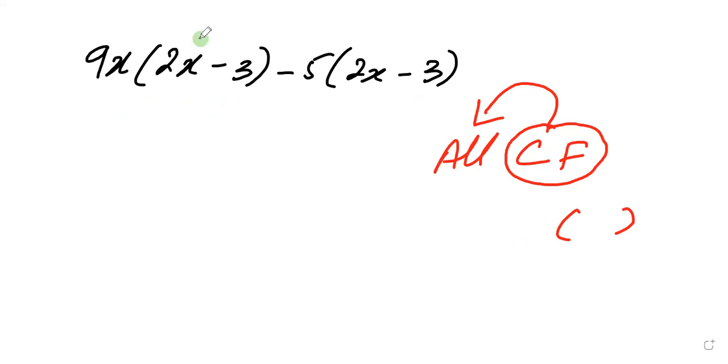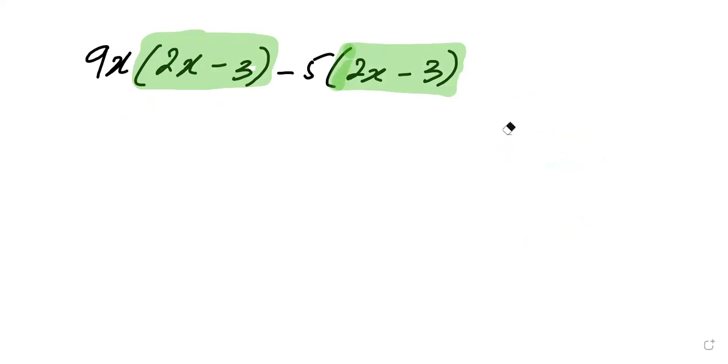This time this bracket is a common factor because it is present in both the terms. When a variable is present in all the terms, we use the variable as a common factor. When a bracket is in both the terms, we use this bracket as a common factor. So yes, we have a common factor. Our common factor is this bracket, 2x minus 3.